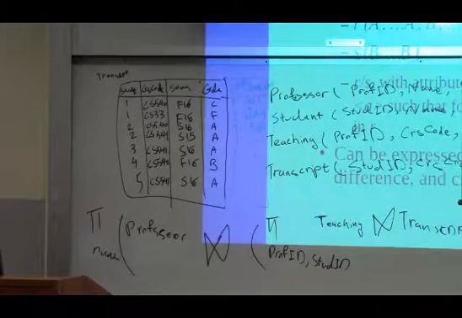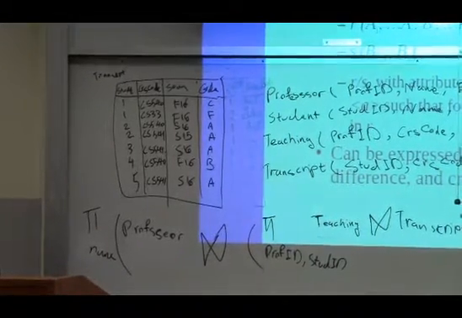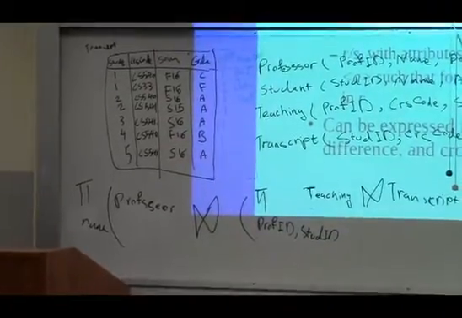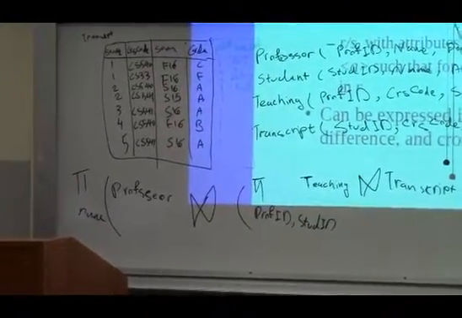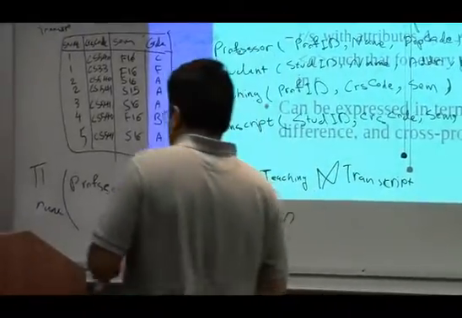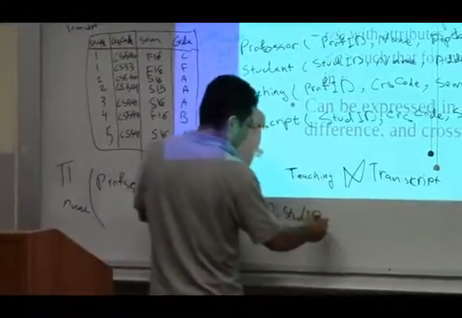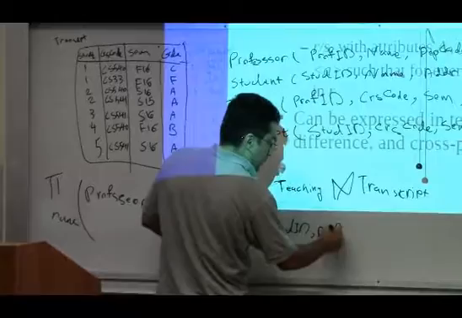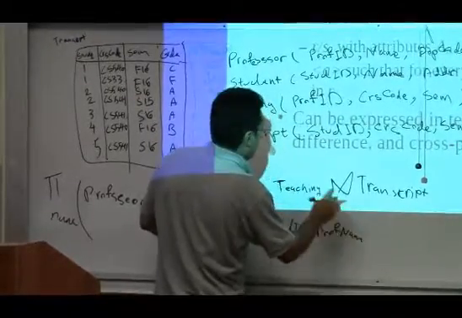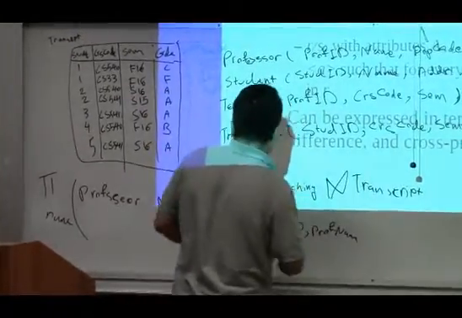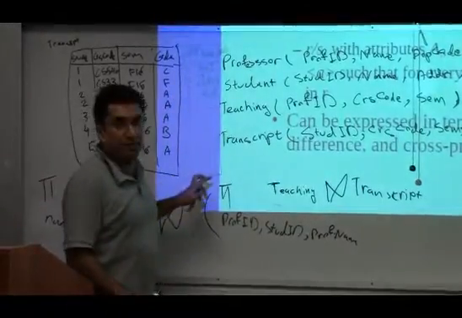This is correct, but we can make this relationship simpler. How? We can include the name of the professor over here, because this relationship can have the name as well.